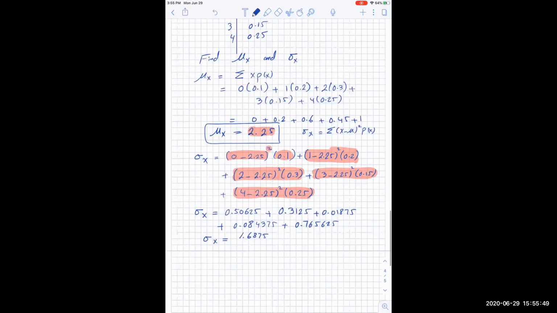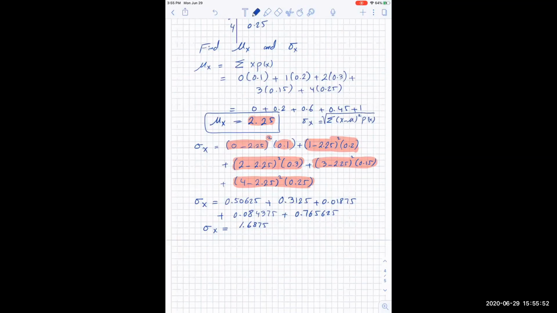So take the square root of the result, 1.6875. And that will give me 1.299. If I round to one decimal, I get 1.3.